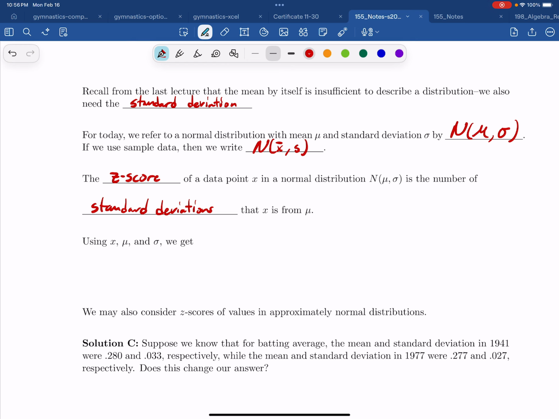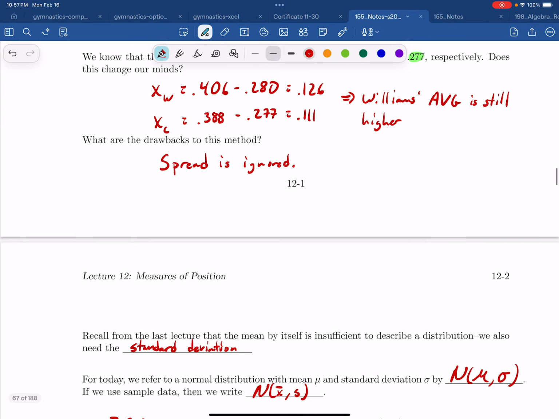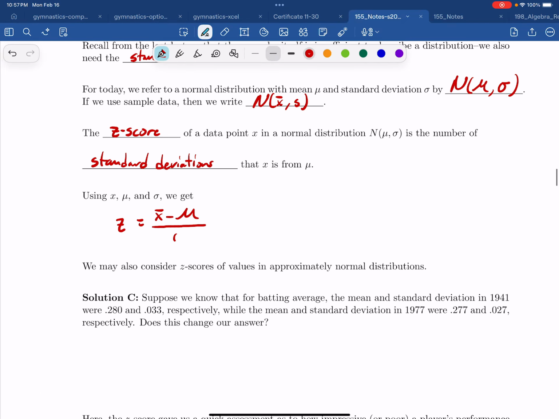I will not give you this formula on any examinations or assessments. We have to know this. Here's the formula for the z-score. z equals x minus mu, right, so what we were experimenting with in solution B. But then we divide it by the standard deviation because it's the number of standard deviations from the mean.